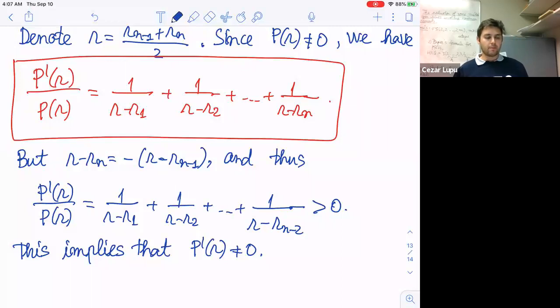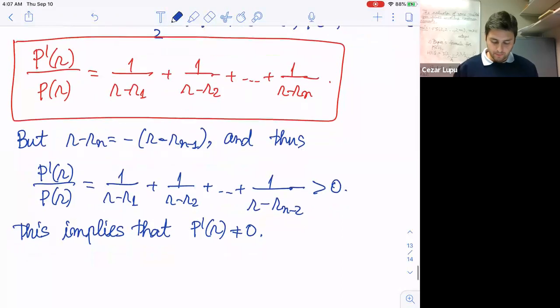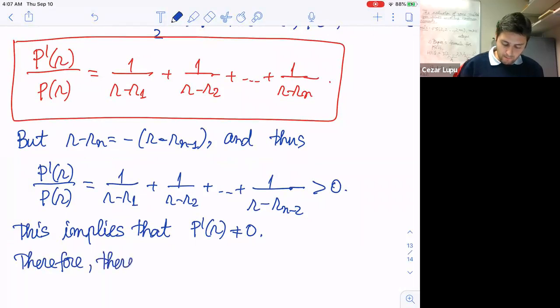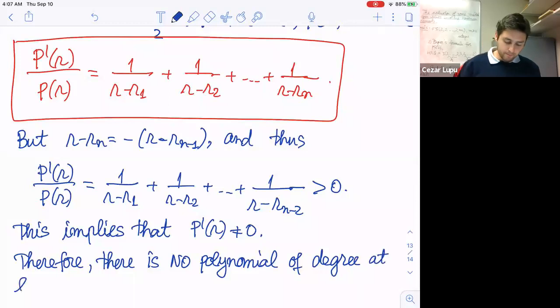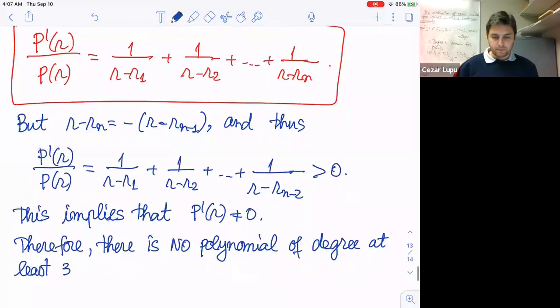So clearly, there is no polynomial of degree at least 3 that satisfies the required conditions.